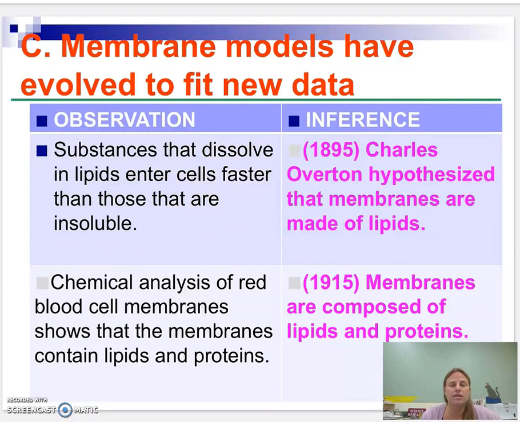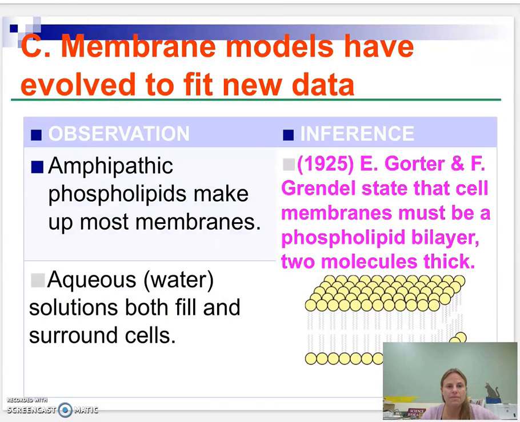So he hypothesized, well, then membranes must be made of lipids. Then there was a chemical analysis of red blood cell membranes, and it showed that the membrane contained lipids and proteins. So by 1915, we knew that lipids and proteins were the components of cell membranes.